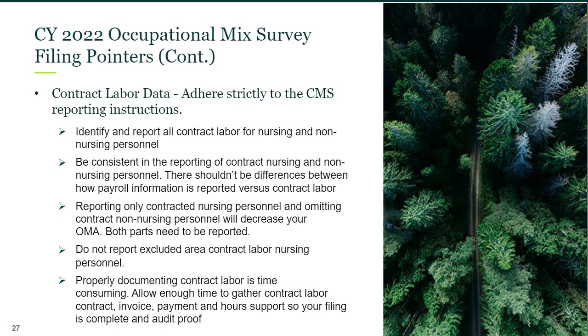And probably a big one is don't ignore contracted non-nursing personnel in the OMS. Believe it or not, reporting contracted non-nursing personnel will actually drive up your OMA and your Medicare payments. As Todd indicated earlier, excluded area contract nursing costs are not to be reported in the OMS.